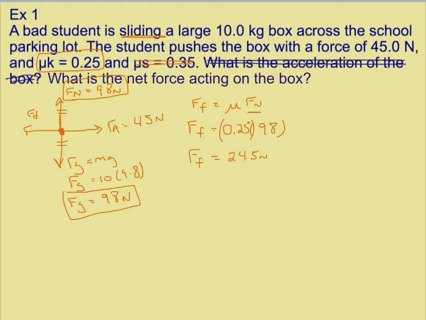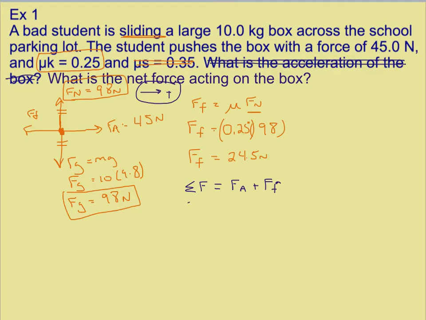So let's switch this up a little bit, and we're going to say now the sum of forces, all of the unbalanced forces. Remember, Fn and Fg are balanced, so I don't need to include those. Just the two unbalanced forces: applied force and force of friction. We should state our positive direction in here as well. I'm going to say in the direction of applied force, that's going to be my positive direction.